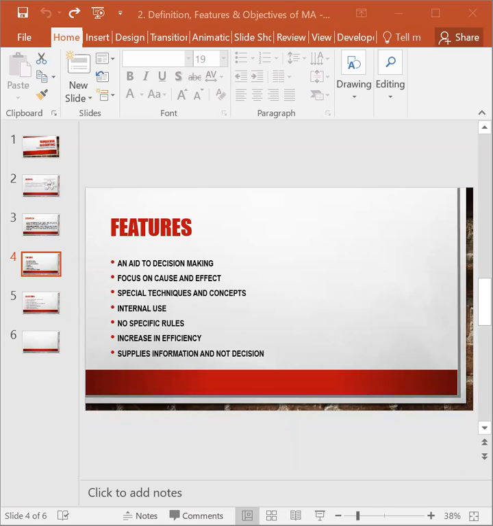Then we have supplies information and not decision. You should understand that management accounting is an aid to decision making. Management accounting is not decision making, guys. Very important. Management accounting is only giving the information. It supplies the information so that management sitting there on the top can take decisions.